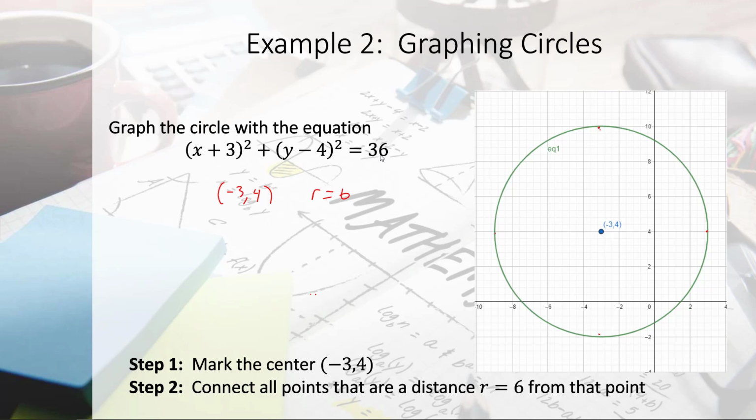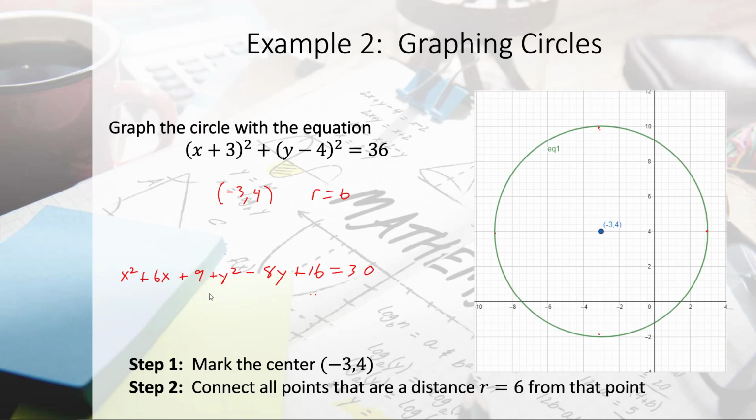And if we do, we will have x squared plus 6x plus 9, and then expanding this, we will have y squared minus 8y plus 16 is equal to 36.